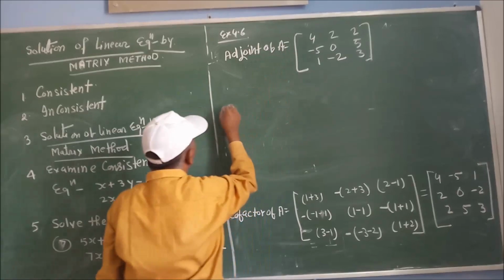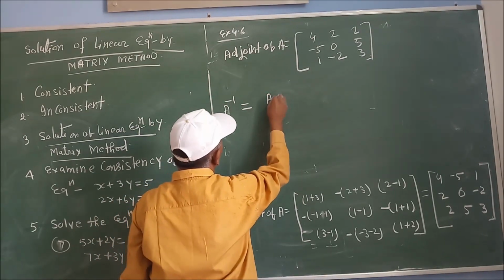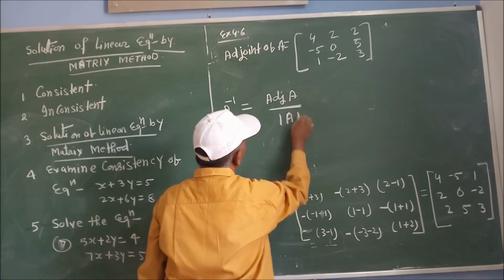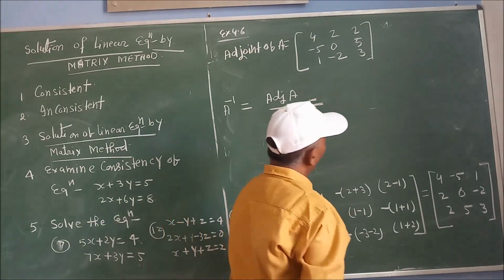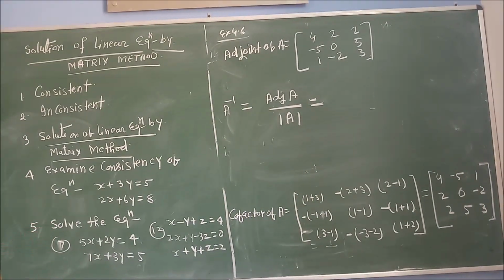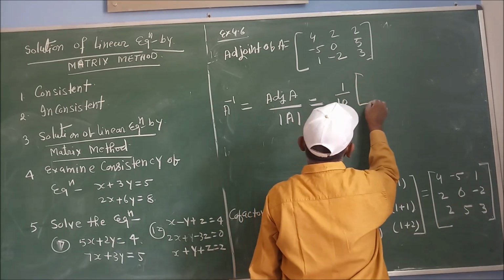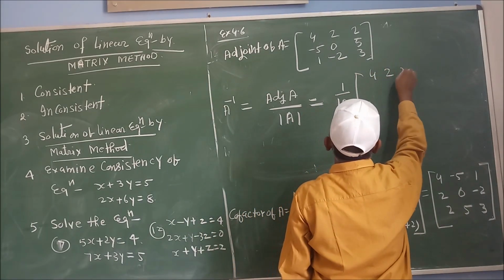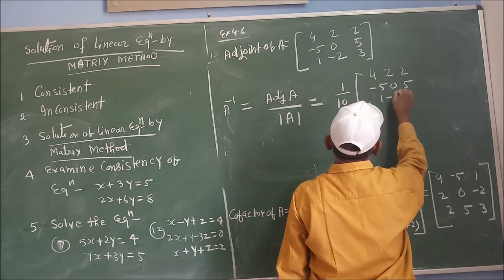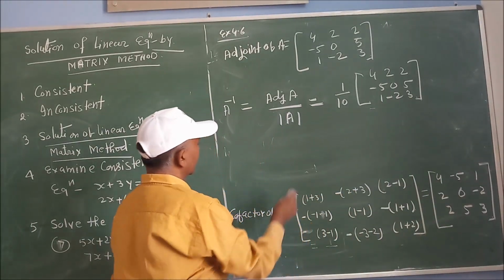Now to calculate, A inverse is equal to adjoint A upon determinant of A. You have already calculated the value of the determinant, which is equal to 10. So you can write 1 by 10 into 4, 2, 2; minus 5, 0, 5; 1, minus 2, 3. Put this value in the standard equation.